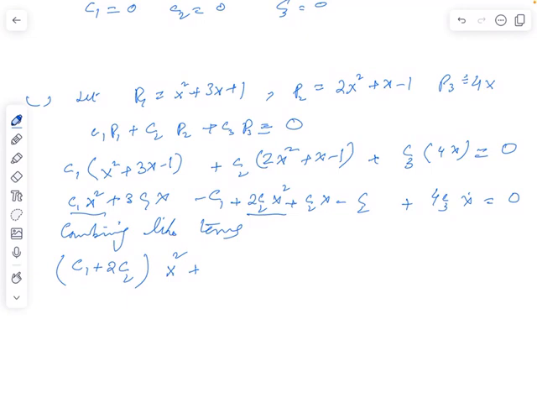We have three of them. So in parentheses, 3C1 plus C2 plus 4C3, and x. And the last thing is the constant term.